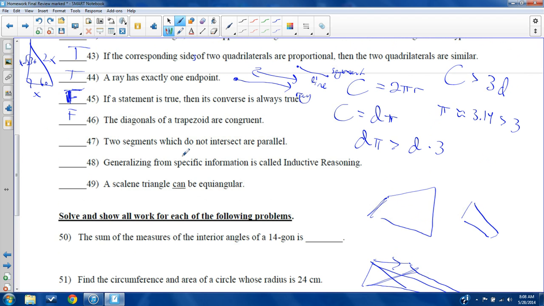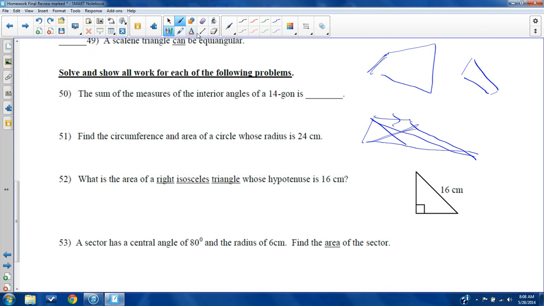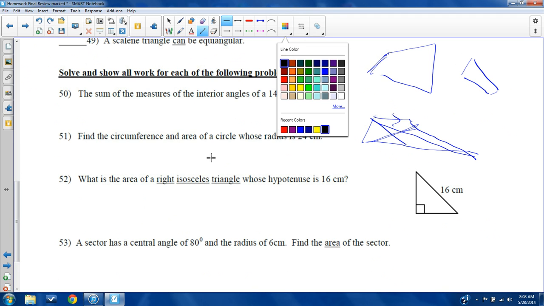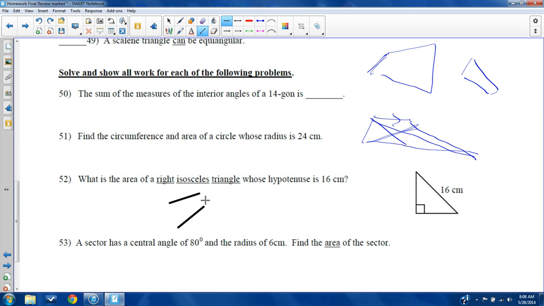Two segments which do not intersect are parallel. False. Here's an important thing. This is an always thing. Are they always parallel? Okay. I can draw 2 segments here and here. The thing about segments is that they can end. We just talked about that.